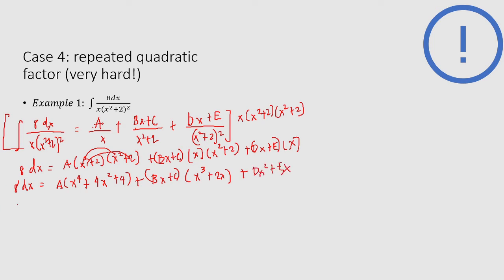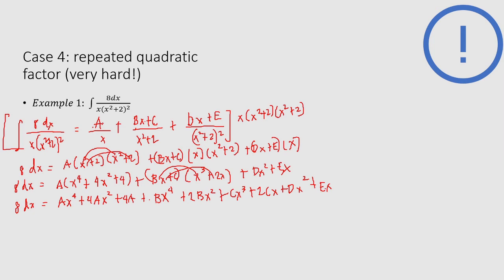Simplifying one more time: Ax to the 4 plus 4Ax squared plus 4A, plus Bx to the power of 4 plus 2Bx squared plus Cx cubed plus 2Cx plus Dx squared plus Ex.